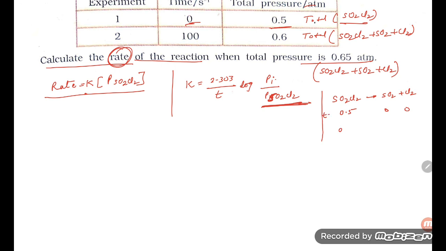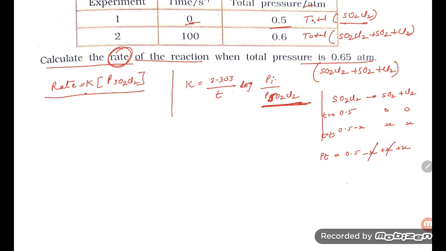At t equal to 0, and if we go to time t, it is 0.5 minus x, x, and x. So if I calculate P total, we write 0.5 minus x plus x plus x, this is all total.